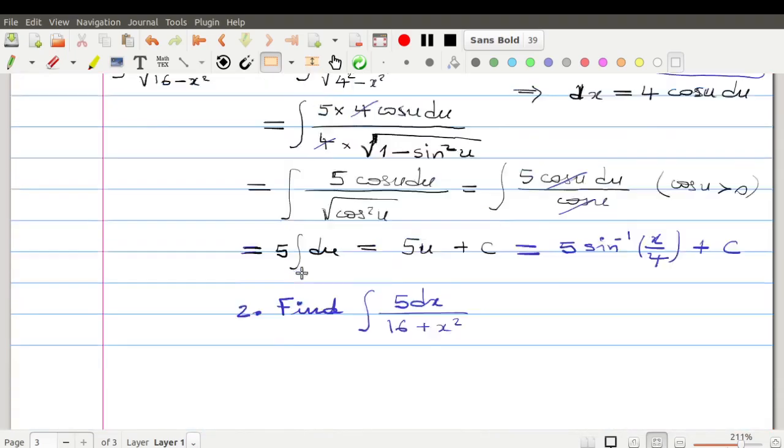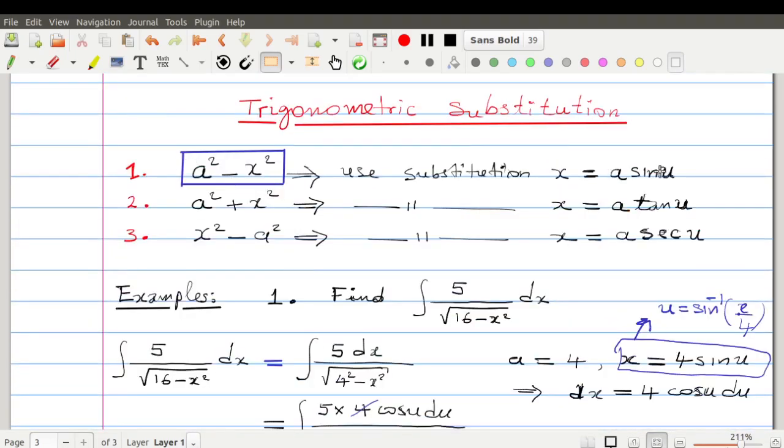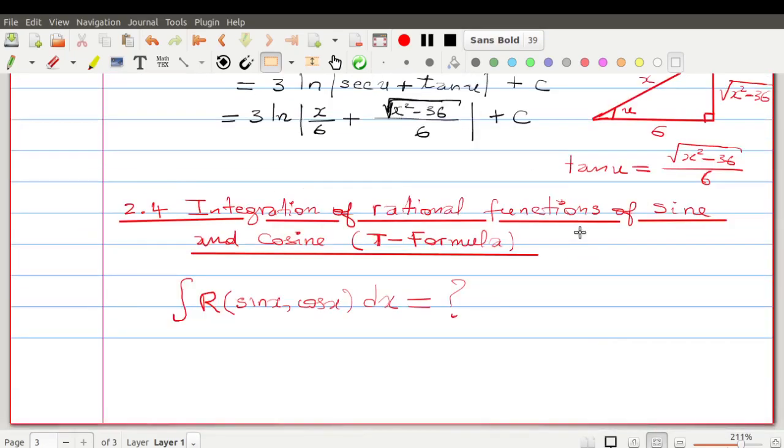Like in the previous example, where we used the substitution x equal to a sin u, a tan u, a sec u, right? So that's our substitution. But in this case, our substitution will be t equal to the tan of a half angle, and we transform to write our cosine and sine in terms of that t. So that is exactly what we are going to do.